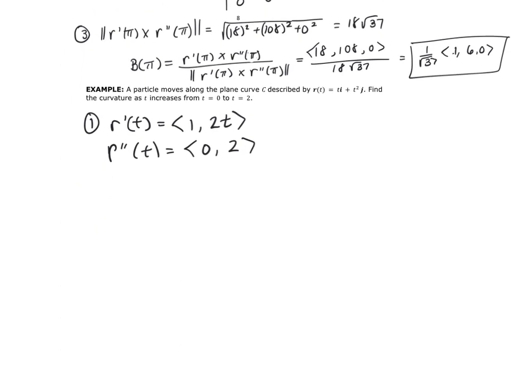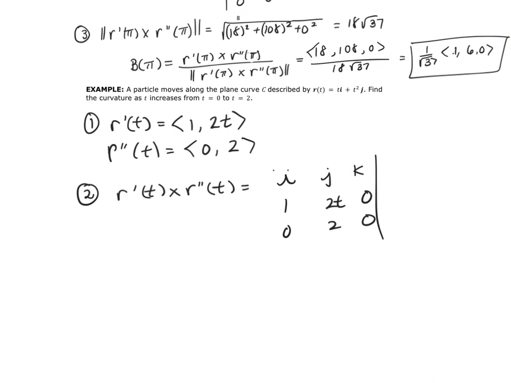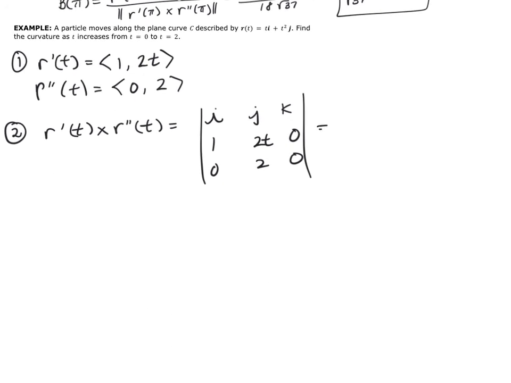Now I need to find my cross product. So r prime of t crossed with r double prime of t is going to give me i, j, and k, 1, 2t, 0. I don't have a k, so I'm going to put a 0 in. 0, 2, and 0. When I get done, this is going to be 0, that's going to be 0, and I am just left with 2k in the k direction.